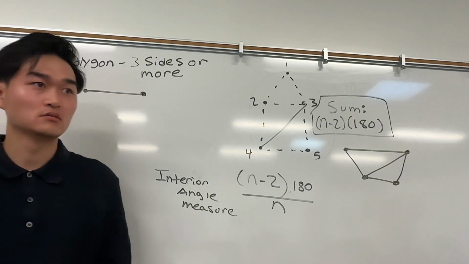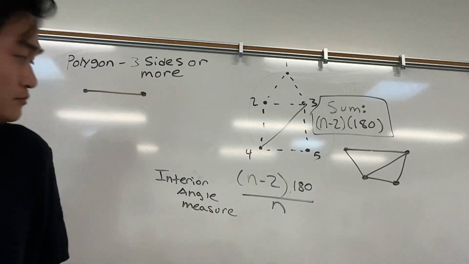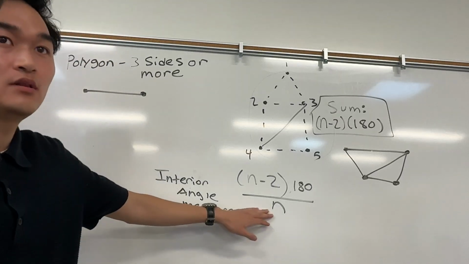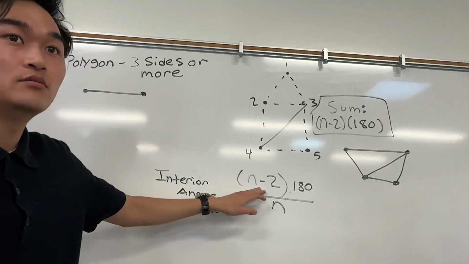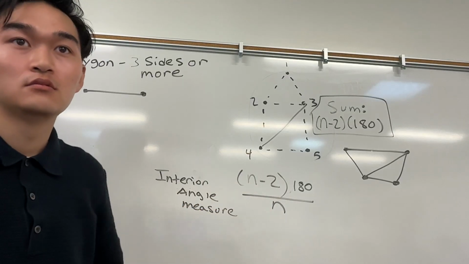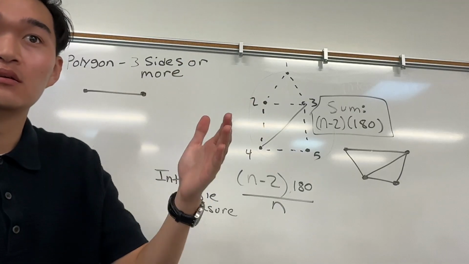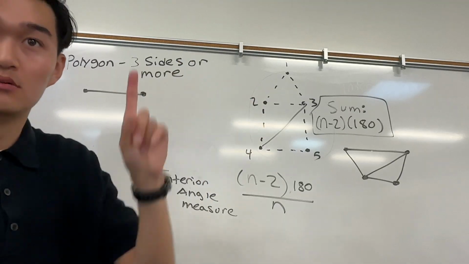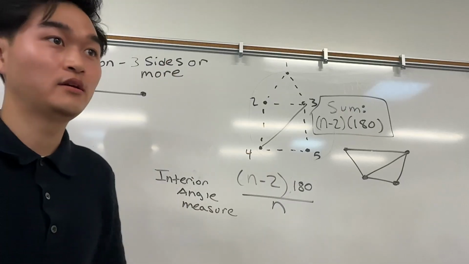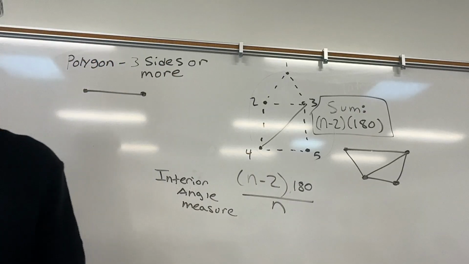Any questions? To remember this equation, whatever angle measure it is, I'm dividing by the same number. Any number divided by the same number equals 1, and you're finding one angle.